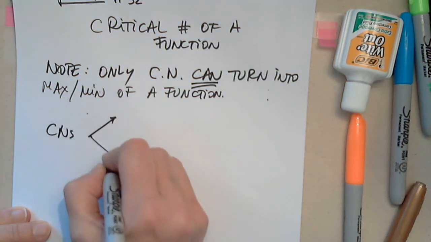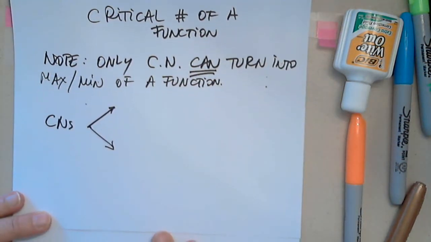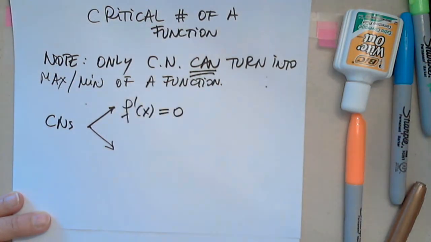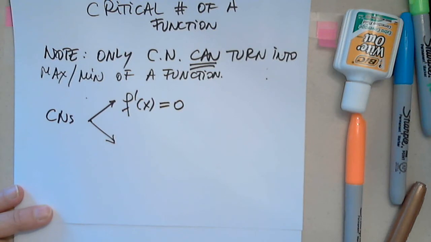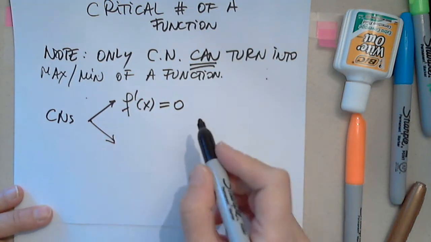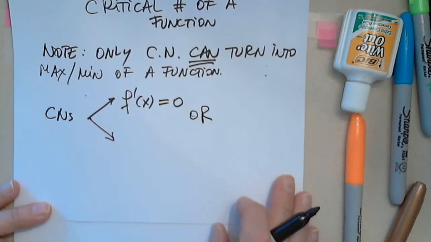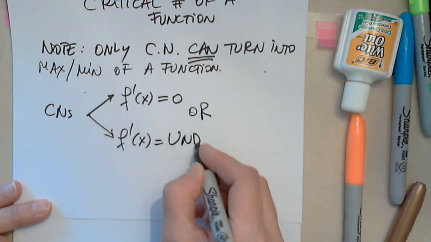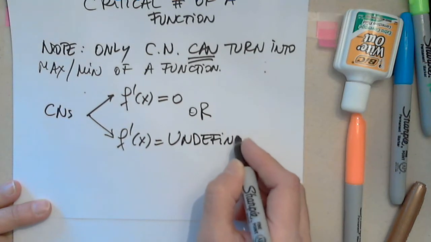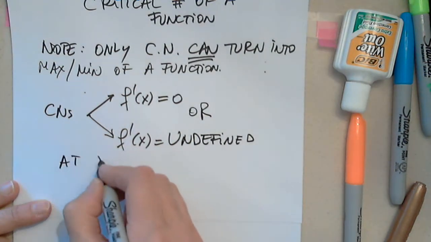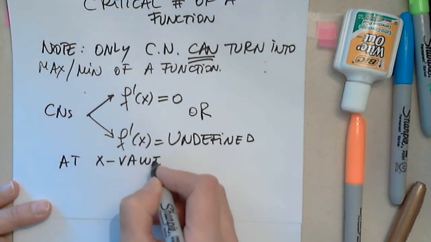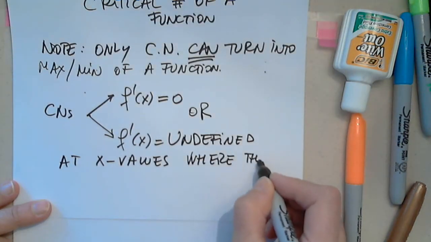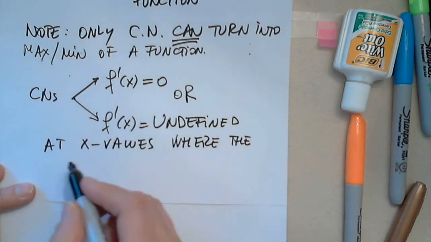Okay. Critical numbers come from two sources: from f prime of x being 0, when the derivative is 0, or from f prime of x being undefined at x values where the function exists, where the function is defined.